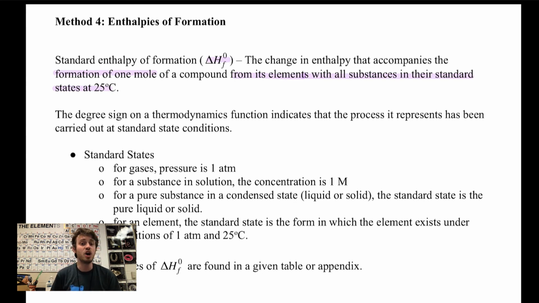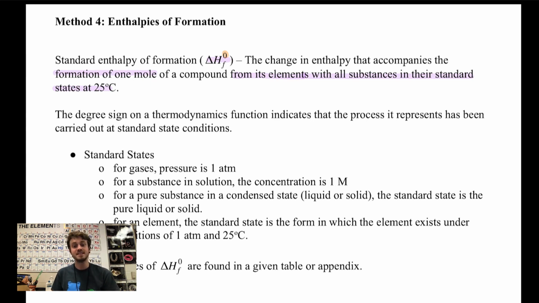The degree sign on a thermodynamics function, which is this right here, indicates that the process it represents has been carried out at standard state conditions, which means that for gases, the pressure is 1 atmosphere. For solutions, the concentration is 1 molar.